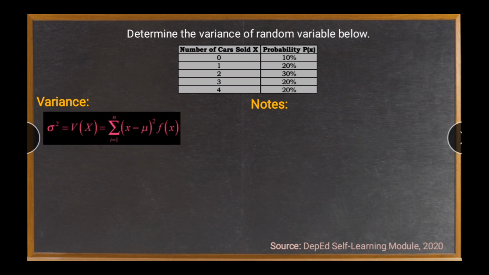So for the variance, this is denoted with the symbol sigma squared. Sigma squared is equal to this one. The variance is equal to the summation of the quantity x minus mu, squared, times the corresponding function, where i starts from 1 up to n.